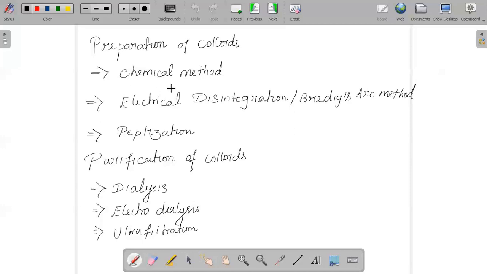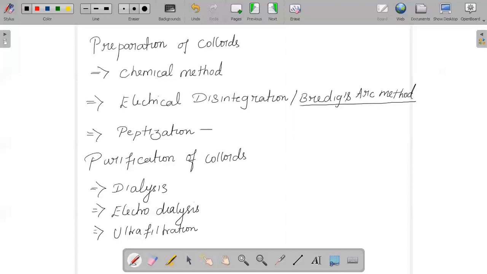The second method is the electrical disintegration method, very famously called Bredig's arc method. This is applied to obtain colloidal sols of metals like silver, gold, and platinum.